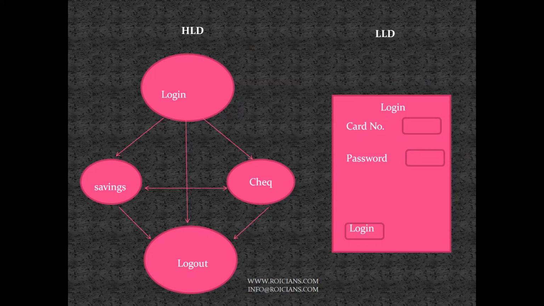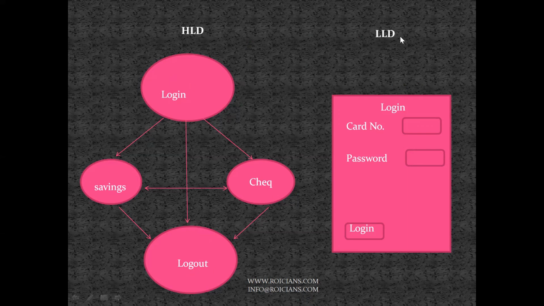From saving, the user can move to checking, and from checking, he can move to saving. Even from checking, he can log out, and from saving, he can log out. So how one particular module is communicating with another module comes under HLD. This is the overall picture of your software: how one module will interact with another module, and how that module will interact with a third module. This is how HLD is designed.